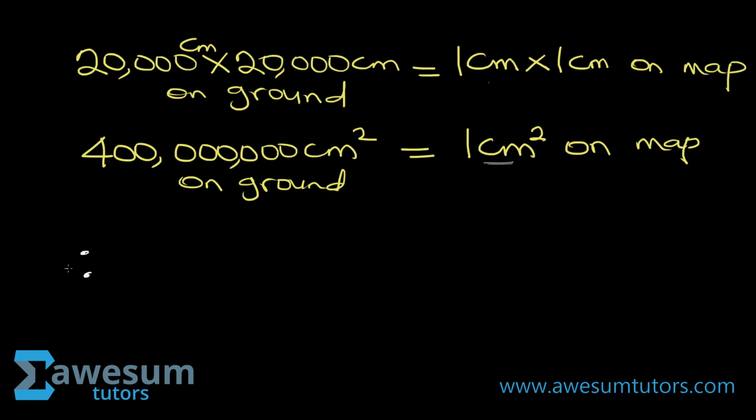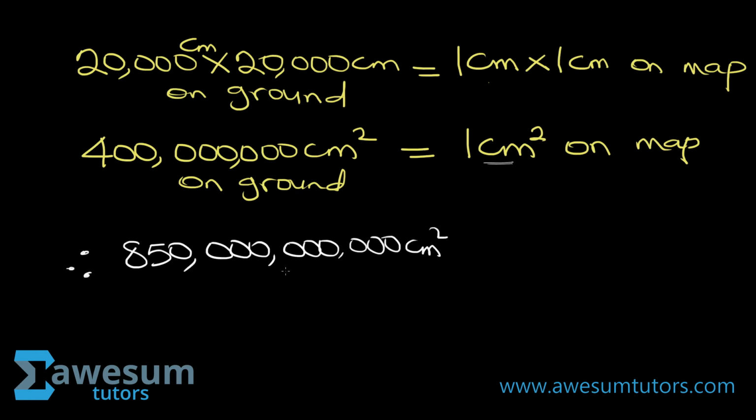Therefore, we can say that 850 billion centimeter square on ground will be equal to what on the map?